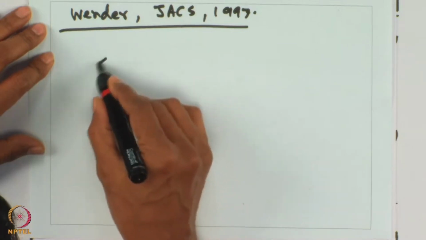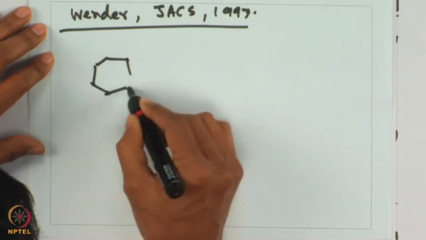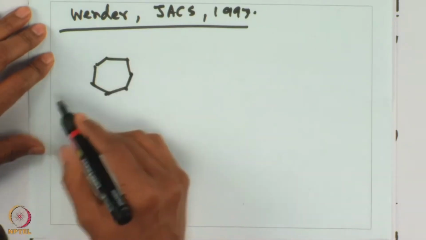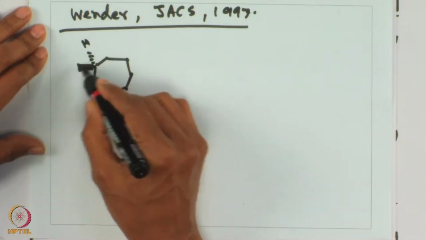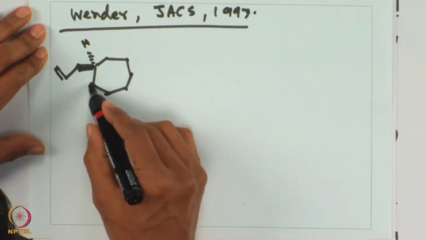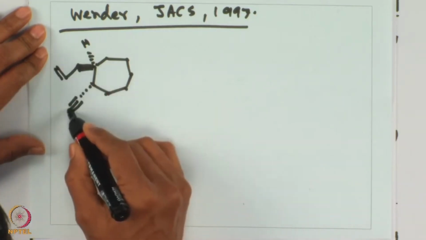This is a 7-membered intermediate, 1, 2, 3, 4, 5, 6, 7. Okay. So, a 7-membered intermediate we would like to draw here, and in the process what is essential is to have an anion into the business, right. Into the substrate we have an ene and we have the yne.